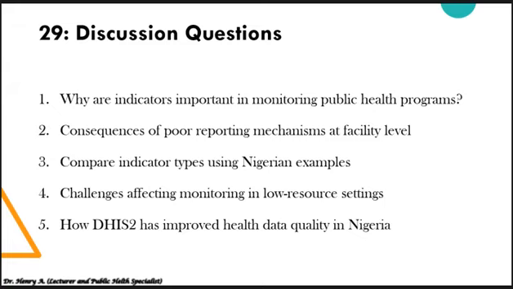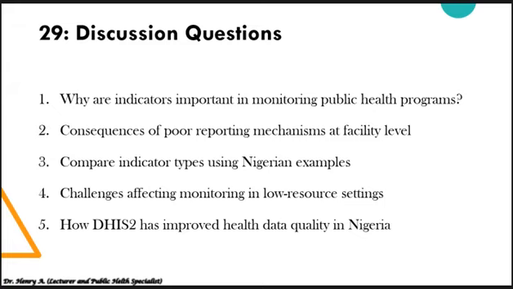An example is the increase in ANC attendance rate or reduction in missed immunization opportunities. That leads to the impact indicators. This time it is no longer short to medium term, but it measures long-term population-level change. An example is the long-term reduction in maternal mortality ratio or the decrease in malaria incidence.